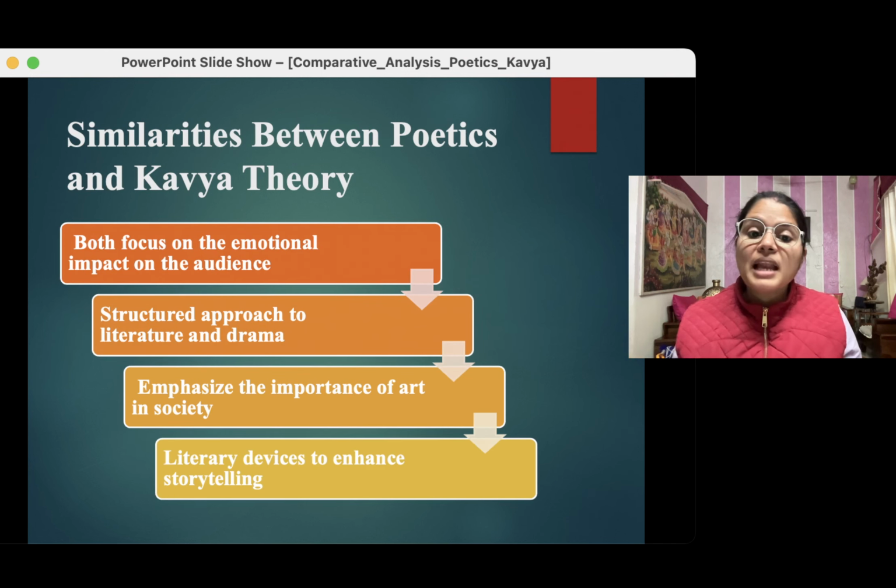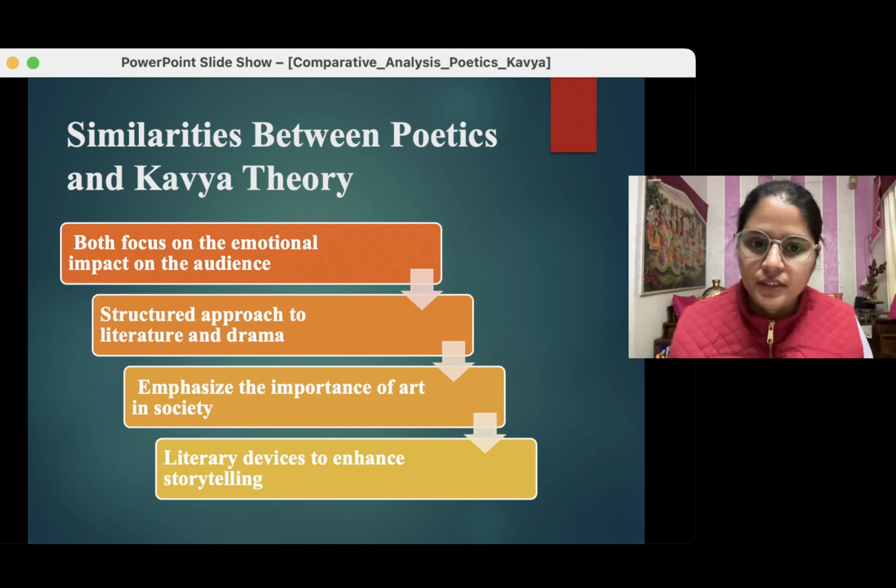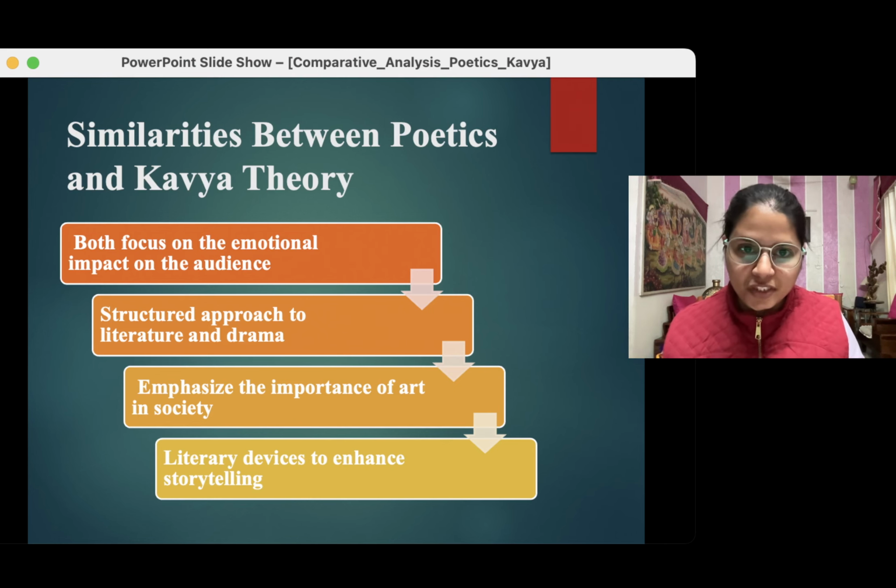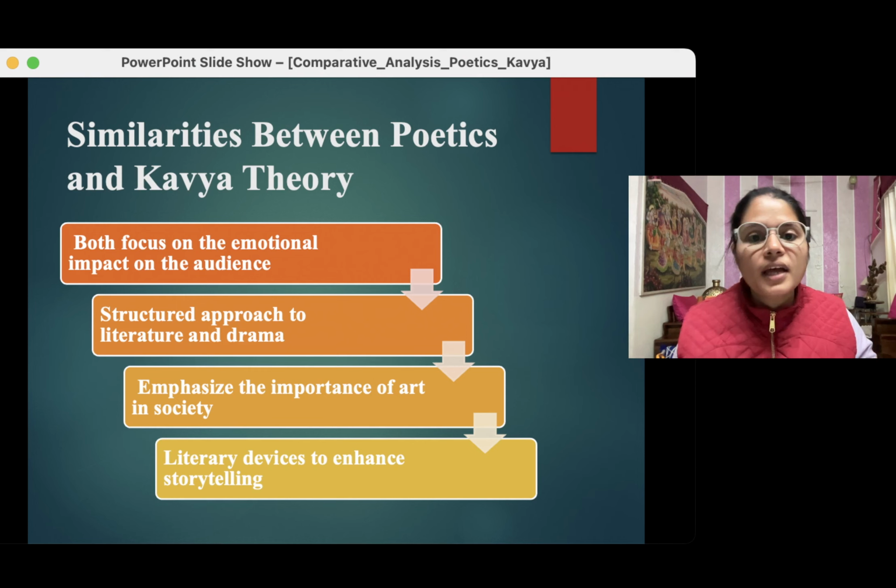Now we come to the similarities of Poetics and Kavya theory. Both focus on emotional impact on the audience. Both have this emotional understanding, that there should be a connection between the audience and the character. Both have a structured approach to literature and drama, whether it's Kavya or Natya, with a beginning, middle, and end.